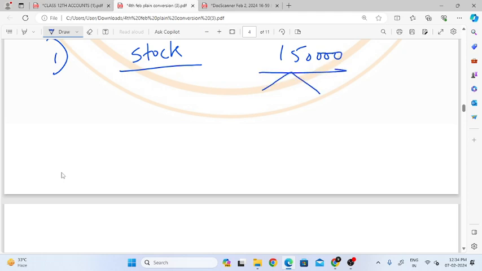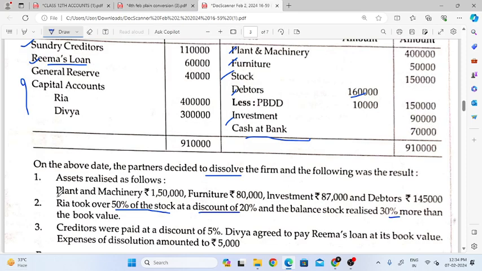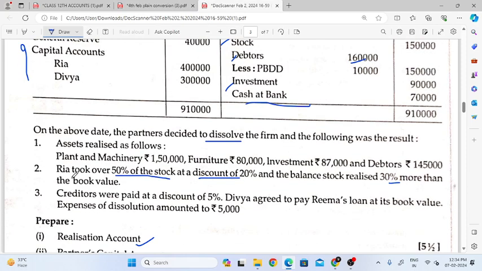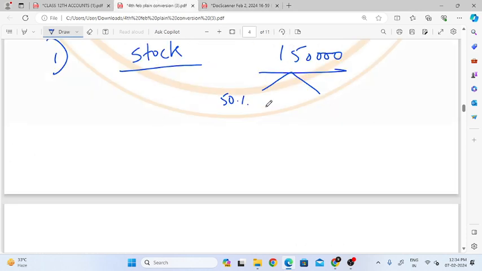So out of this 1,50,000, 50% of the stock was taken at a discount. Riya, the partner, took 50% of that stock at a discount of 20%. So 50% of 1,50,000 comes to 75,000.